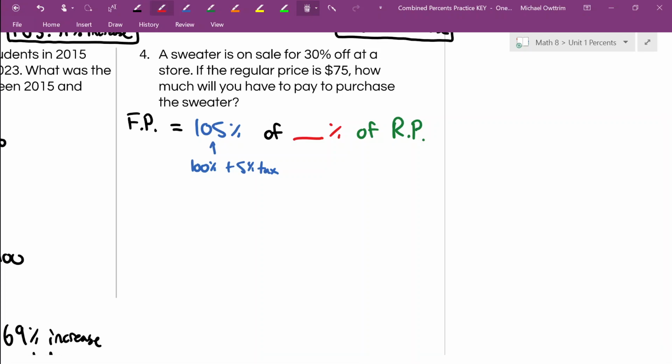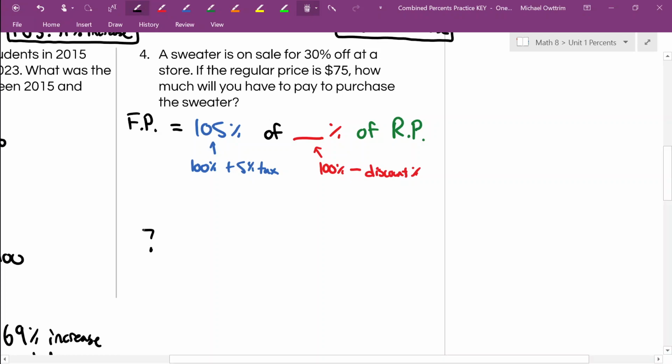And then for our discounted percent, this is always going to be 100% of the regular price, subtract the discount, and whatever we're left with will be our percent of the regular price. We're subtracting here because this discount makes the price decrease or go down. So in our particular case, let's fill in our information. We don't know the final price.